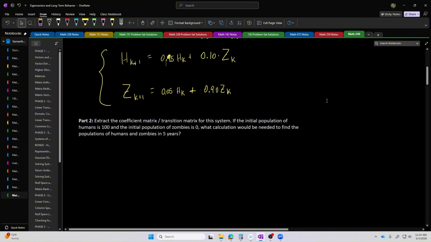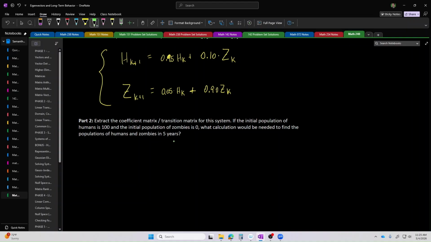And I want to think about the coefficients that are appearing in this system. Let's extract these coefficients and let's turn them into a matrix. The coefficient matrix for this system would be 0.95, 0.10, 0.05, and 0.90.